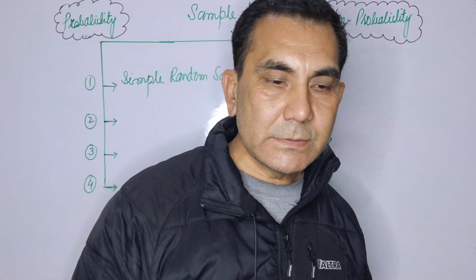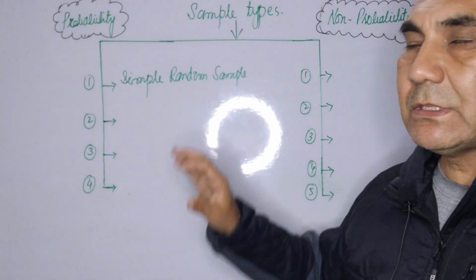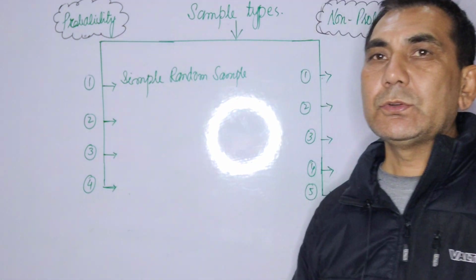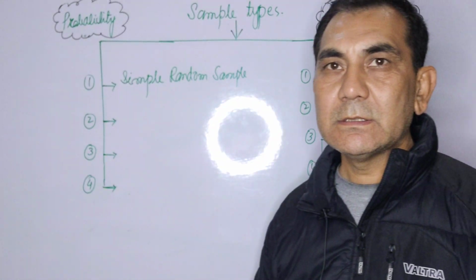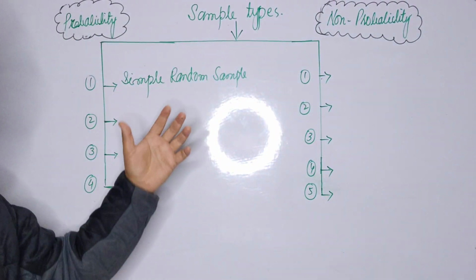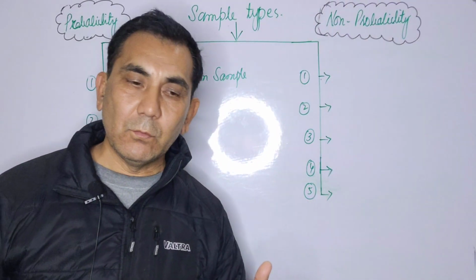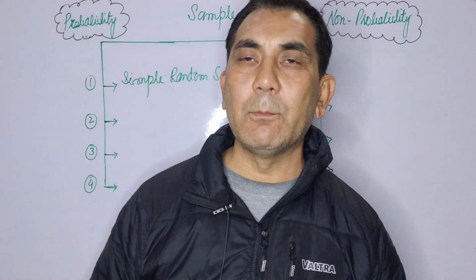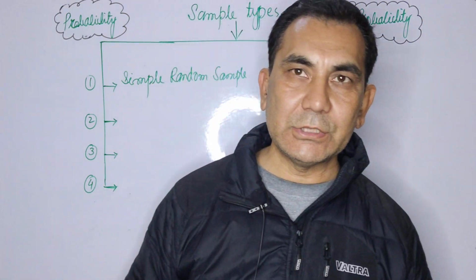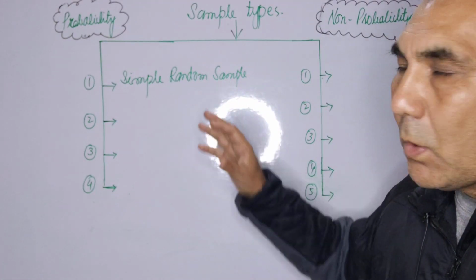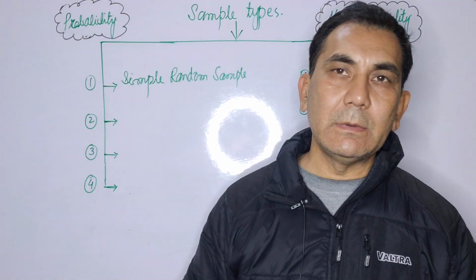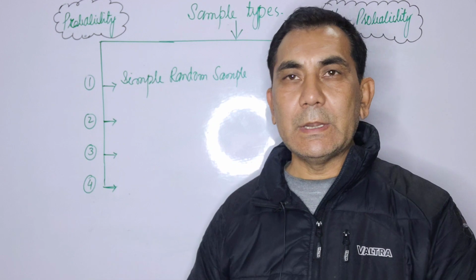Simple random sampling is the most popular method to select the sample in probability sampling. Suppose 100 employees are working in a healthcare organization and you want to select 50 employees randomly from these 100.